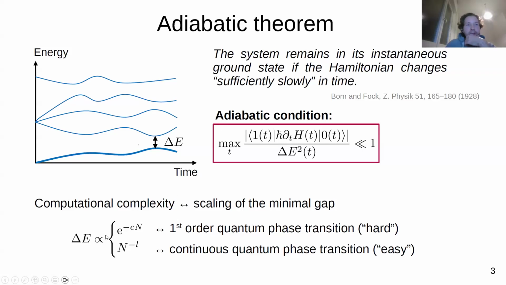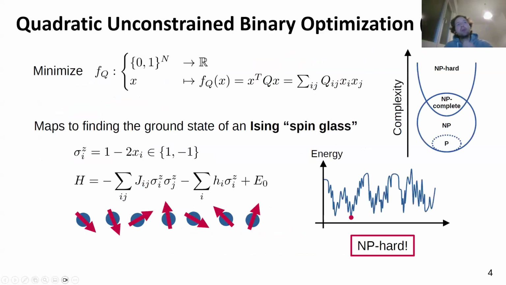We say that the problem is hard to solve if the gap closes exponentially, which corresponds to a first order phase transition, or it is an easy problem if we only have a polynomial gap closing.